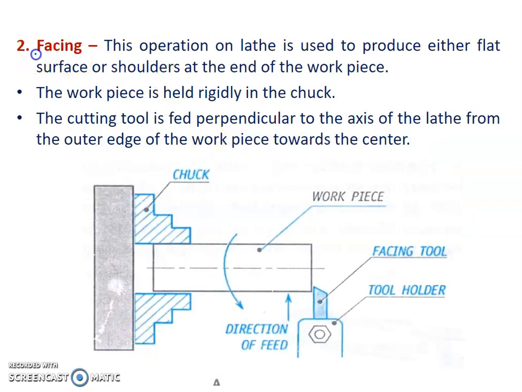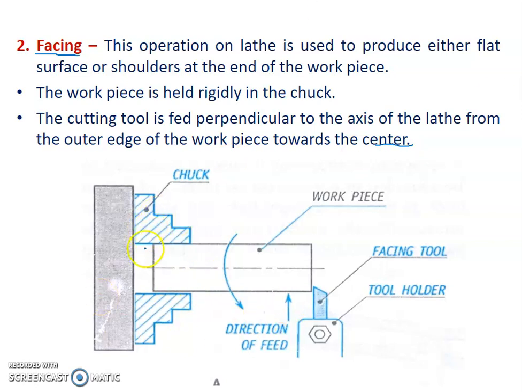Here we have the second operation, called facing. This operation on the lathe is used to produce a flat surface at the end of the workpiece. The workpiece is held rigidly in the chuck. The cutting tool is fed perpendicular to the axis of the lathe from the outer edge of the workpiece towards the center.